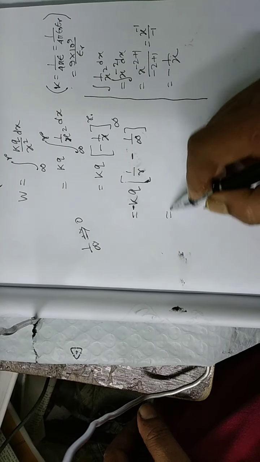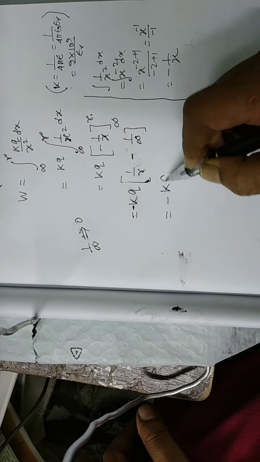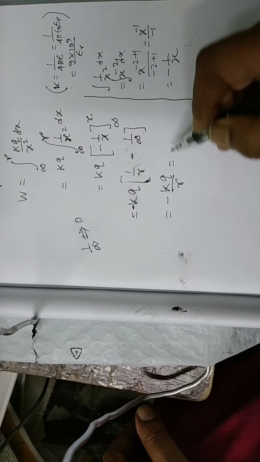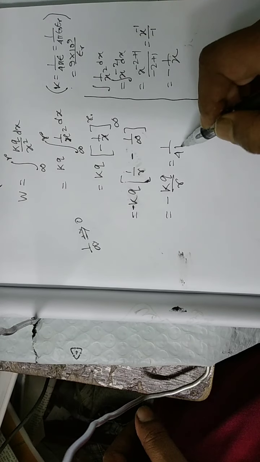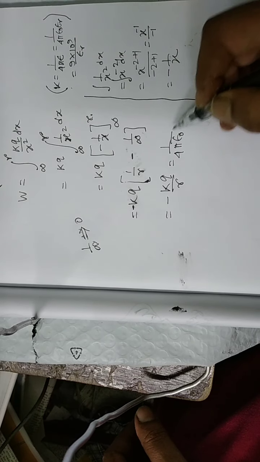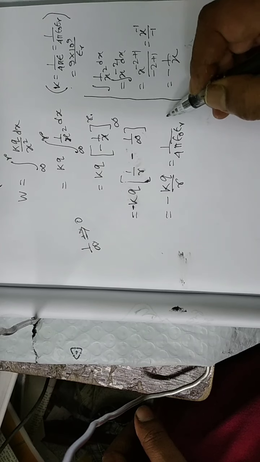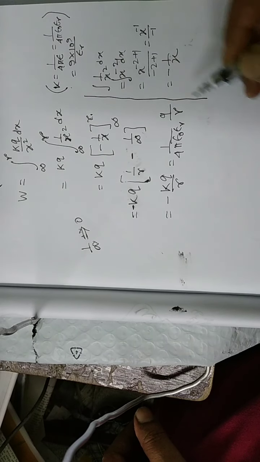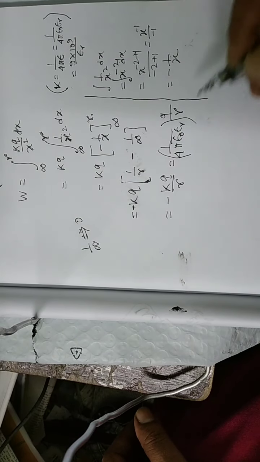So we have minus k q by r, or 1 by 4 pi epsilon naught epsilon r q by r, right?